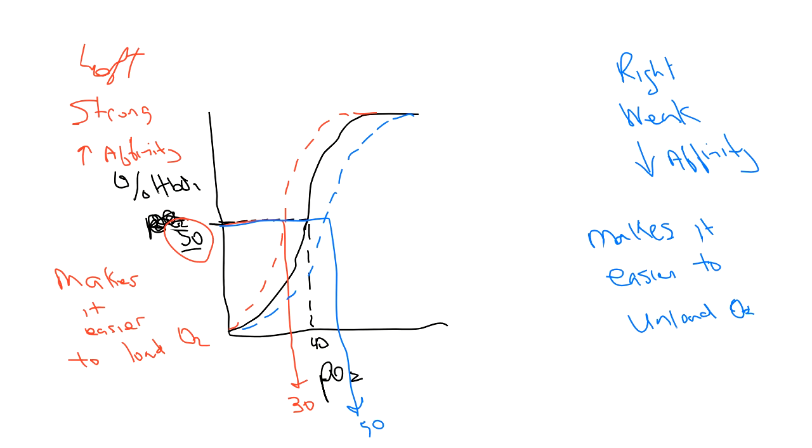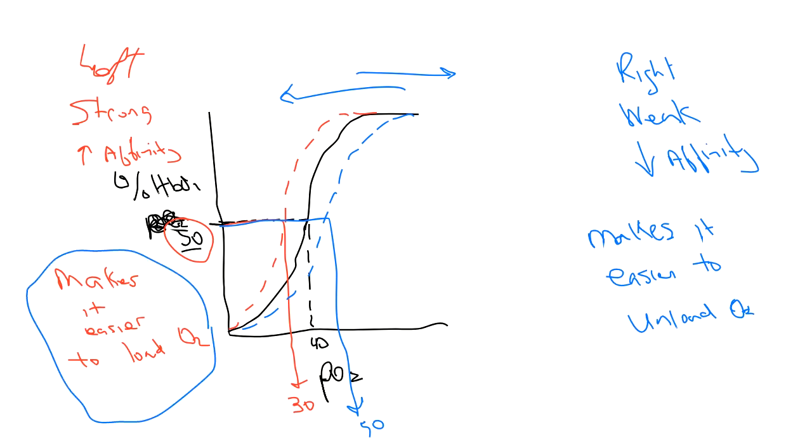What is that going to make it easier to do? Unload. So in other words, if I shift it back and forth, just like that magnet we had, sometimes it's easier to load oxygen, sometimes it's easier to unload oxygen. So now we have to talk about what makes it shift back and forth.